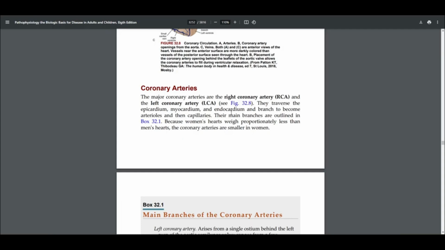They traverse the epicardium, myocardium, and endocardium, and branch to become arterioles and then capillaries. Their main branches are outlined in box 32.1, and because women's hearts weigh proportionately less than men's hearts, coronary arteries are much smaller in women. So that's your piece of trivia today.